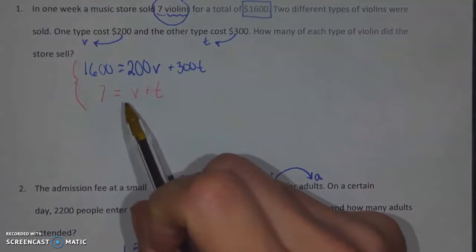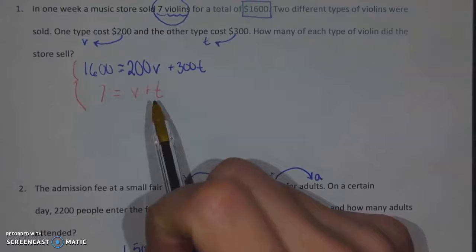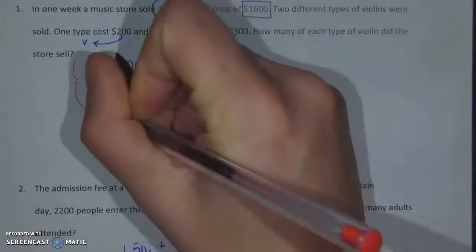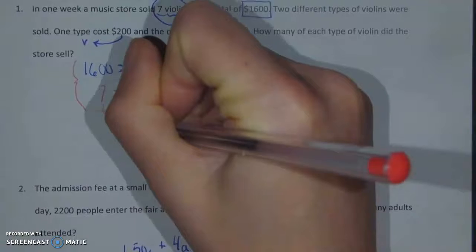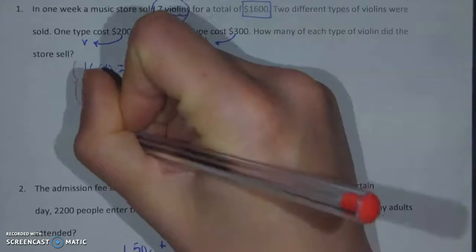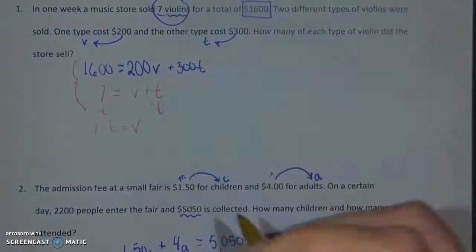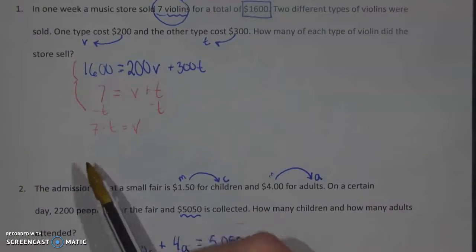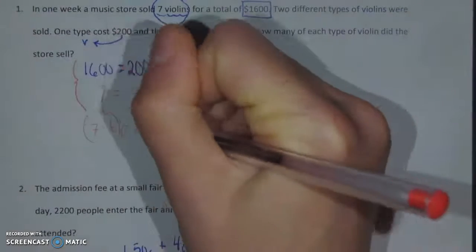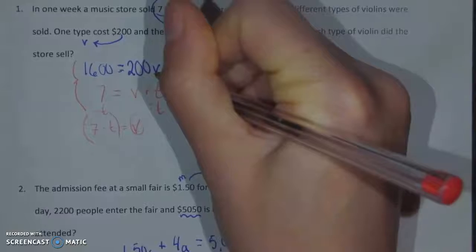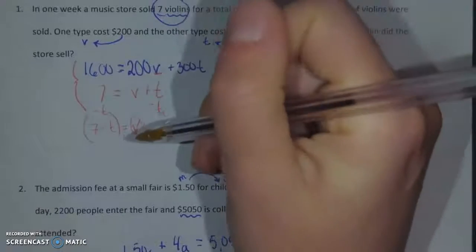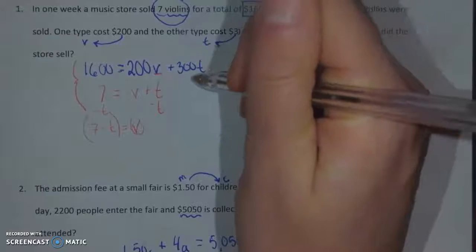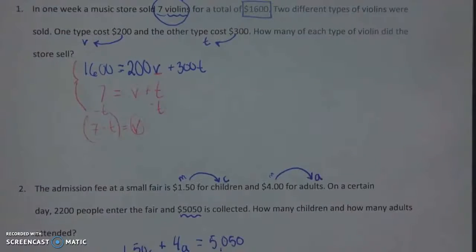So what I'm going to do is solve for v by subtracting t from both sides. So I have v is equal to 7 minus t. Now, remember that this is especially useful because at this point I can replace any v's I see in my other equation with 7 minus t, and that means I will have only t values in the equation and can solve it.